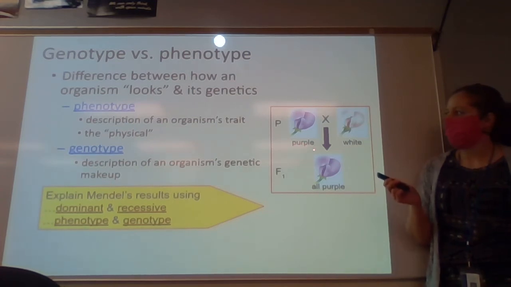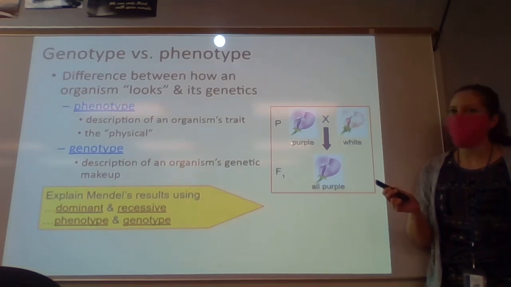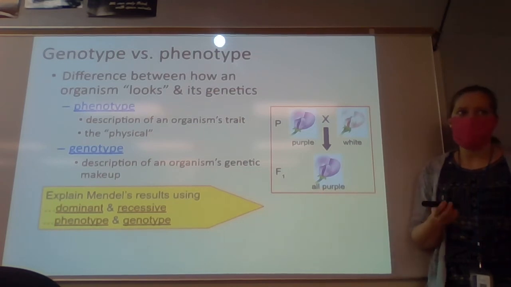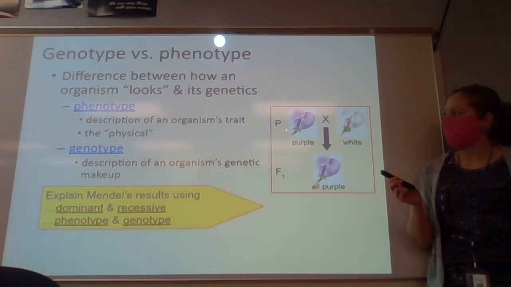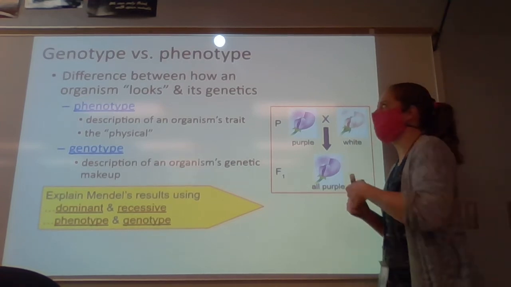Okay, so phenotype is a trait. So in this case, we mixed one parent that showed the purple phenotype and one parent that showed the white phenotype, and all the F1 offspring ended up having the purple phenotype. If we think about genotypes, we're dealing with a true breeding purple flower. What do you think its genotype probably is? Dominant. Yeah, both dominant copies.